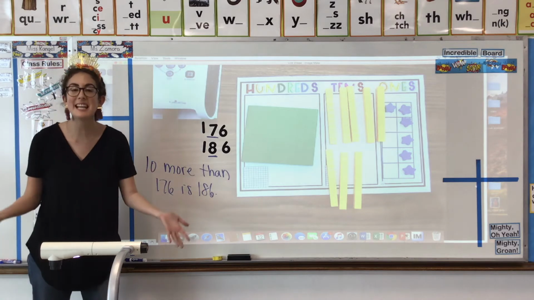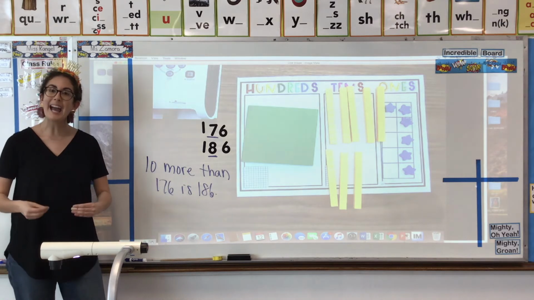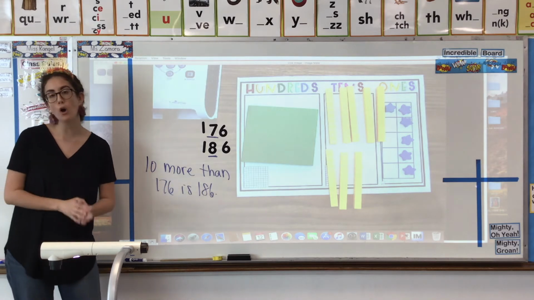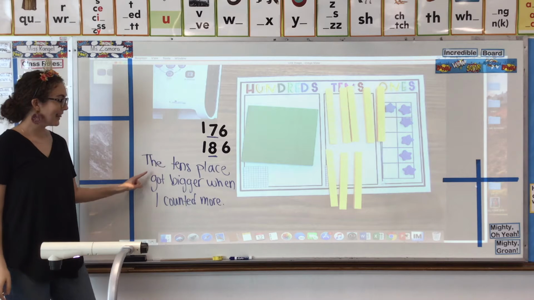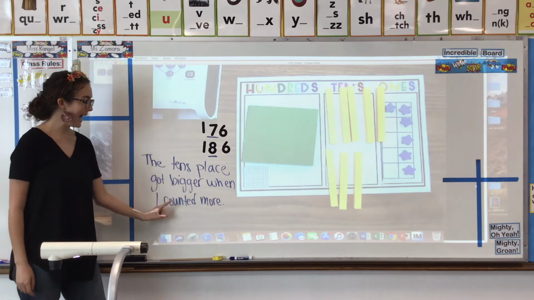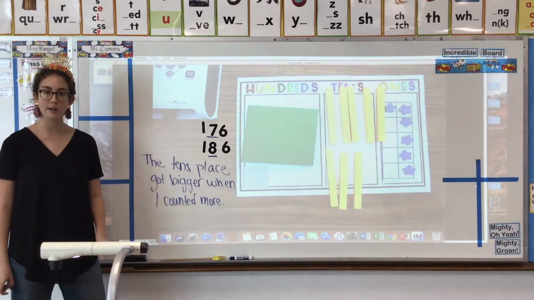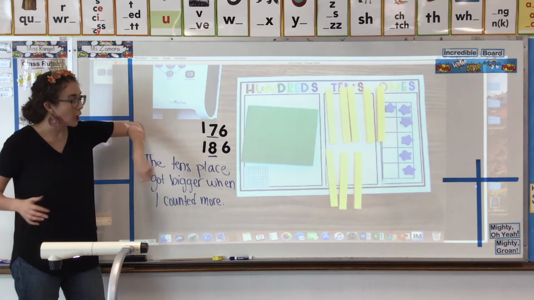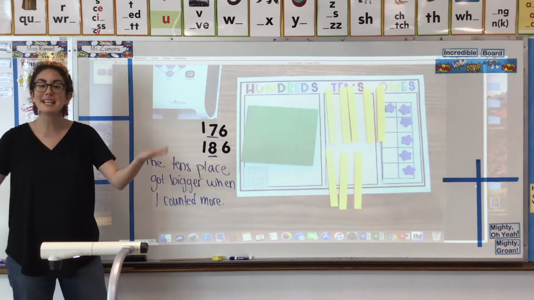So to continue explaining our thinking and talking about what happened when we did this, we could also say the tens place got bigger when I counted more. That's what was happening. Our tens place got bigger when we counted more.